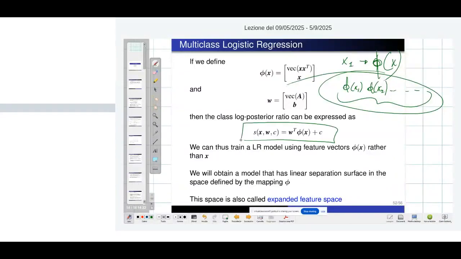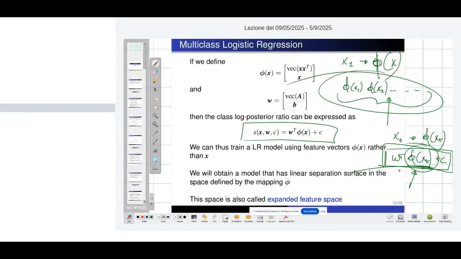This will correspond to a linear classifier for the vectors phi. When I need to test a sample t, I will compute its transformed version phi of t, and then compute its score using the transformed vector. So everything looks like a linear logistic regression model for the transformed features phi of x.